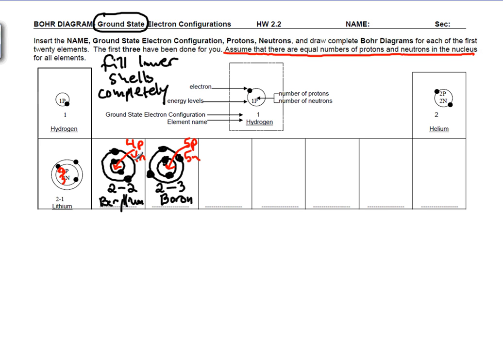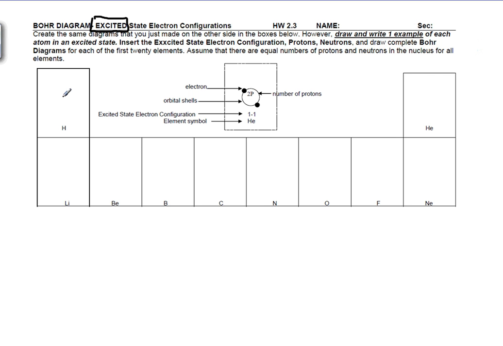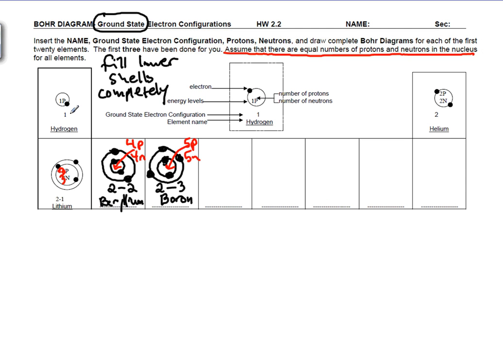And basically the way you do that is you choose an electron and you bump it up to a higher shell. So what I mean is, here's hydrogen. If we look back at what hydrogen looked like, it had just the number 1, and there was only one number there, which means that one electron was in that first shell.